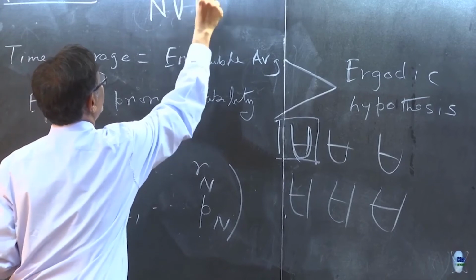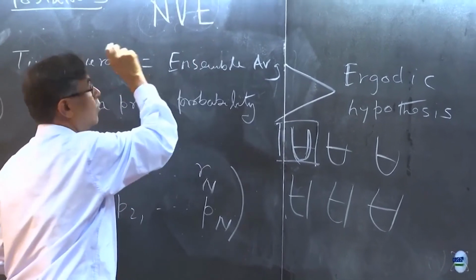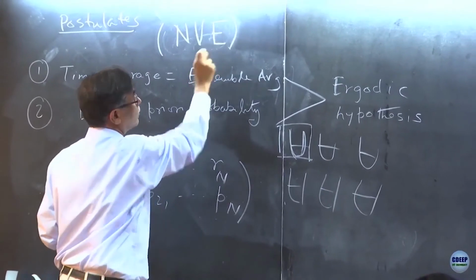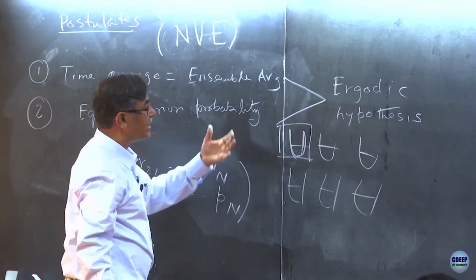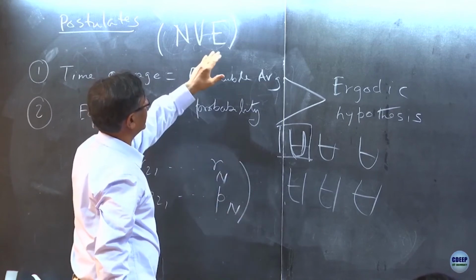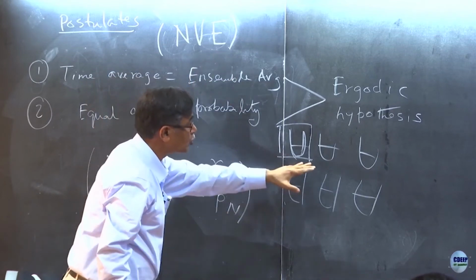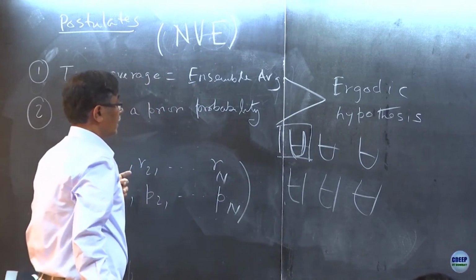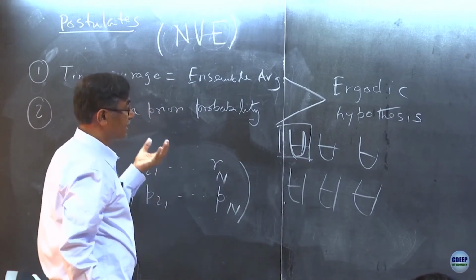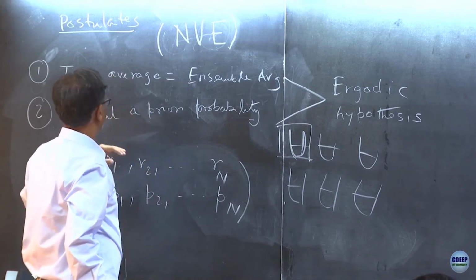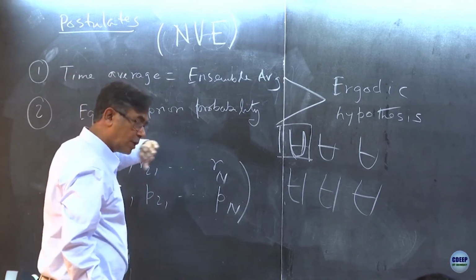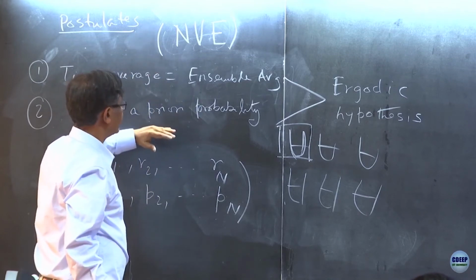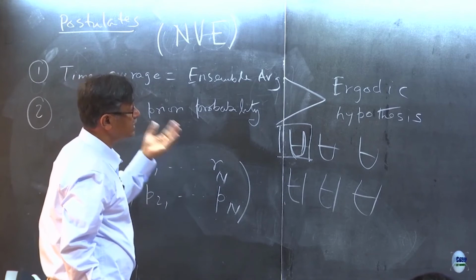So that is the time he introduced that I am going to talk of systems with a constant number N, constant volume V, and constant energy E. So all my mental replicas have a constant energy E. All the microscopic states have the same energy E. If all the microscopic states have the same energy E, then I can assume, and I have no other option but to assume under this ensemble, that all the microscopic states are equally probable.